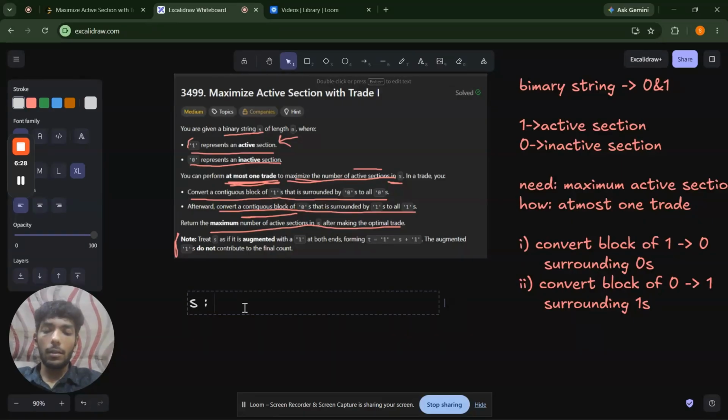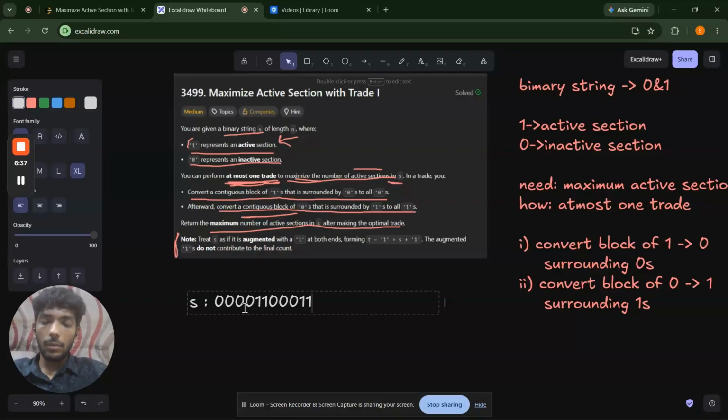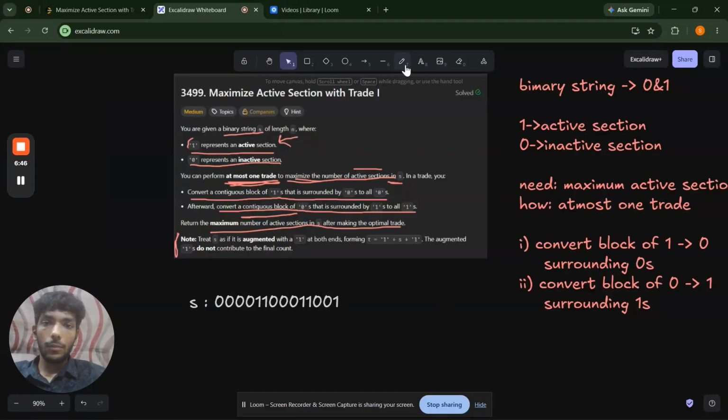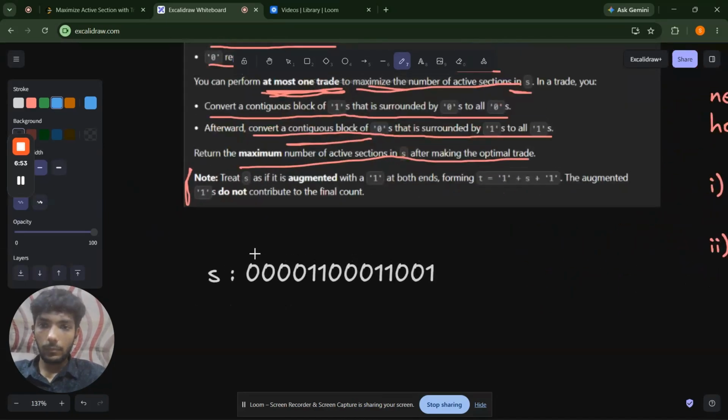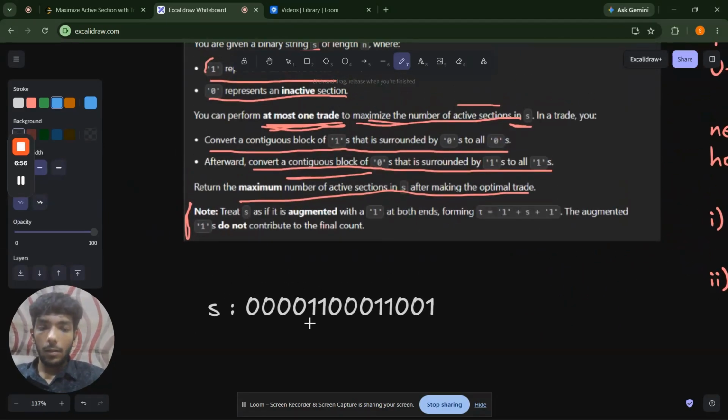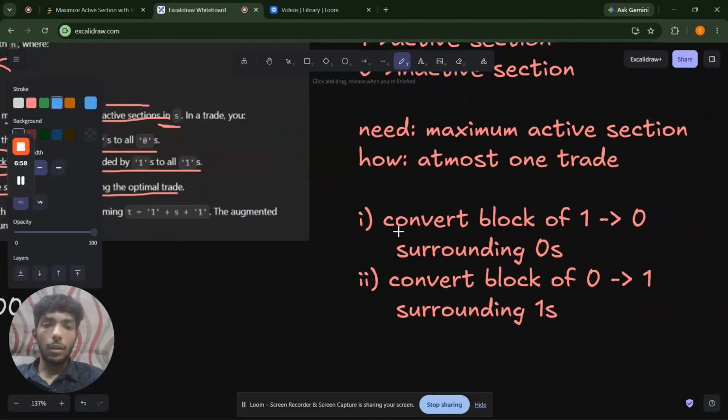Suppose s is a string like 4 zeros, 2 ones, 3 zeros, 2 ones, 0, and 1. Okay, first we need to convert a block of ones to zeros.